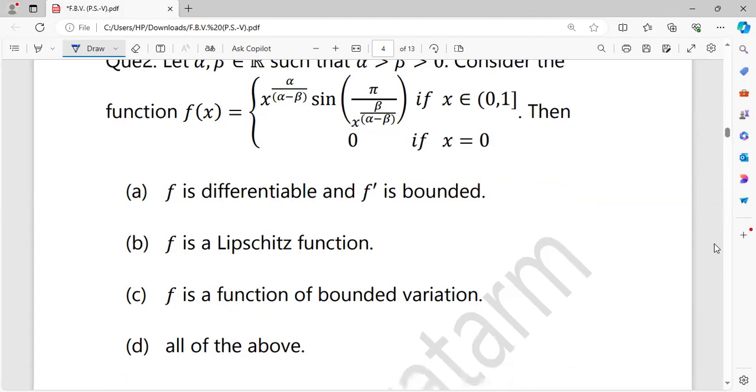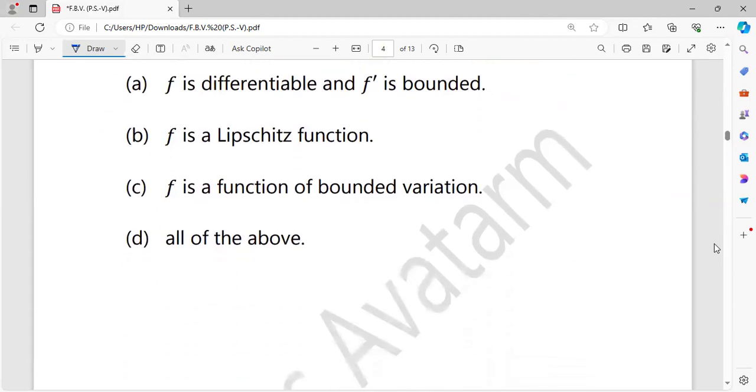So option D, all of the above, is correct. The same solution will be followed, you only replace cos by sin. So option D is correct.